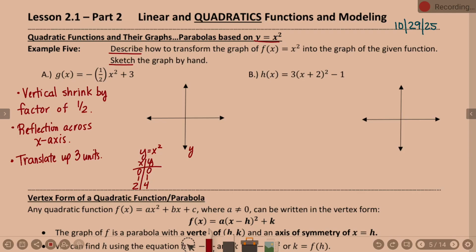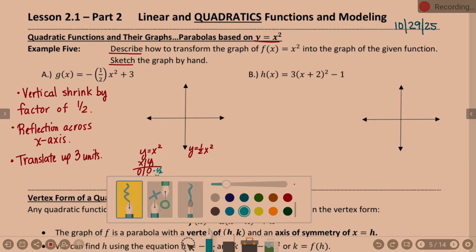But we're being asked to do y equals 1/2 x squared. So forget the reflection, forget the plus 3, just focus on the 1/2, which means we're going to take each of these y values and cut them in half. Officially, I'm multiplying by 1/2.